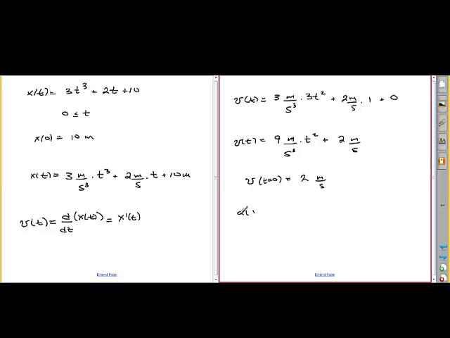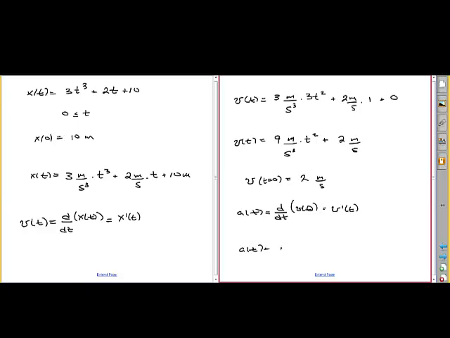The acceleration as a function of time is the derivative with respect to time of the velocity equation. So you could say that's v prime of t. Again, the prime means derivative because it's a function of time. We take the derivative with respect to time. So for our particular case, we go back to the velocity expression and take the derivative of this part.